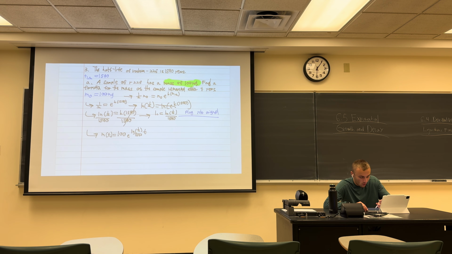So that's our whole k value that we just found, and that's being plugged right into that formula. This should look similar to the formula we discussed previously. And that's going to be the answer for part A.